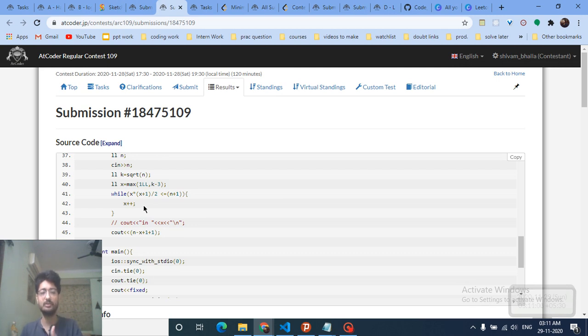Else if it overshoots, we can easily know that x minus 1 will have the total length of the logs I will make from the first chain, like only one block, and then the remaining blocks are n minus x plus 1.